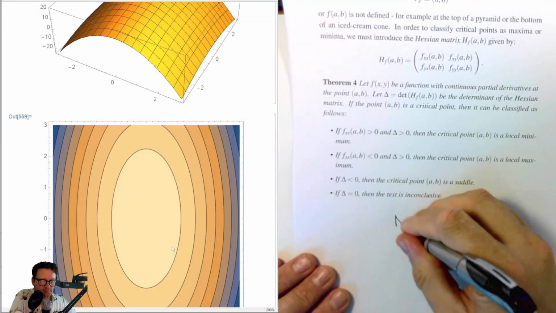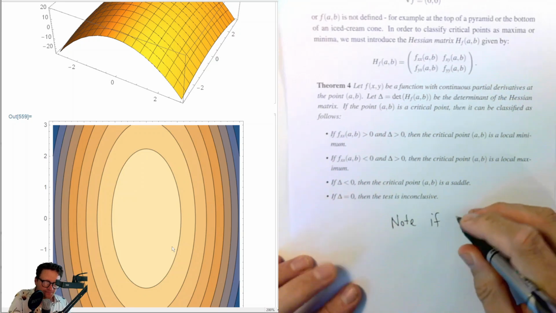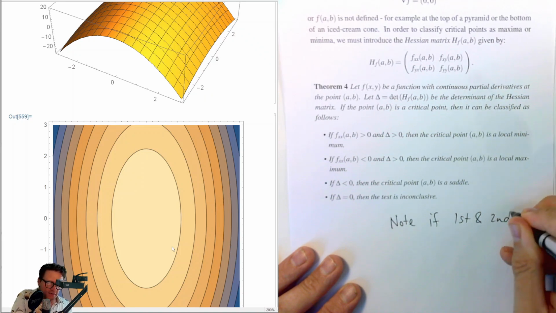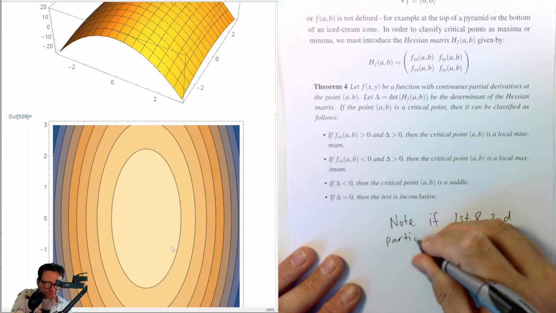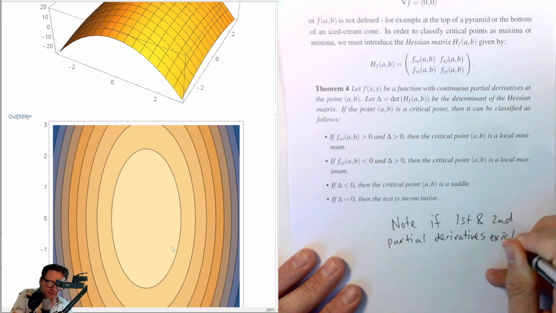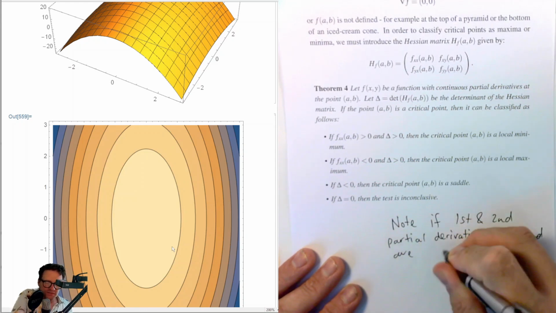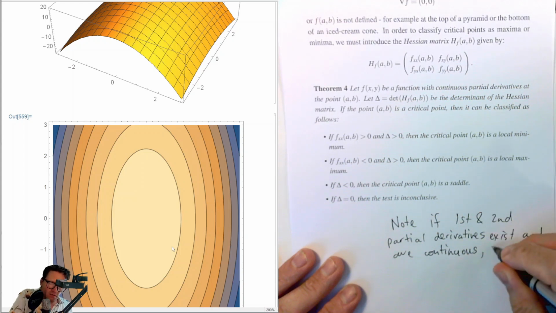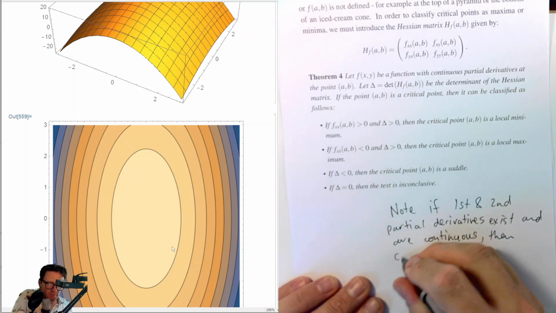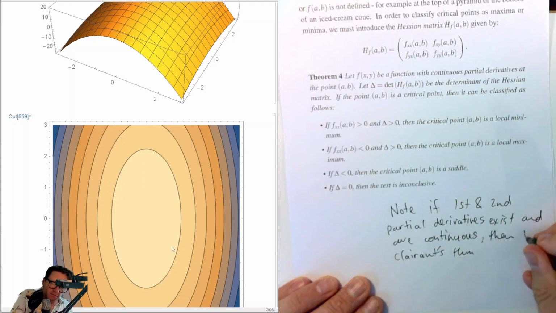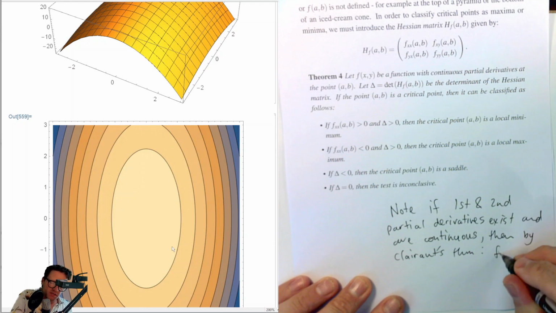All right, now note, if the first and the second partial derivatives exist and are continuous, then by Clairaut's theorem we have f subscript xy is equal to f subscript yx.